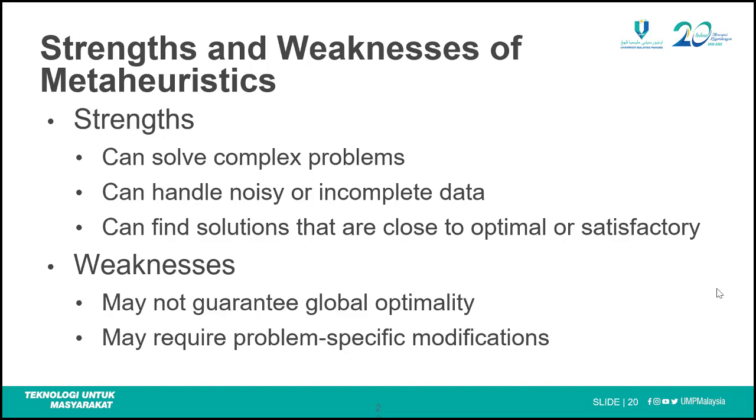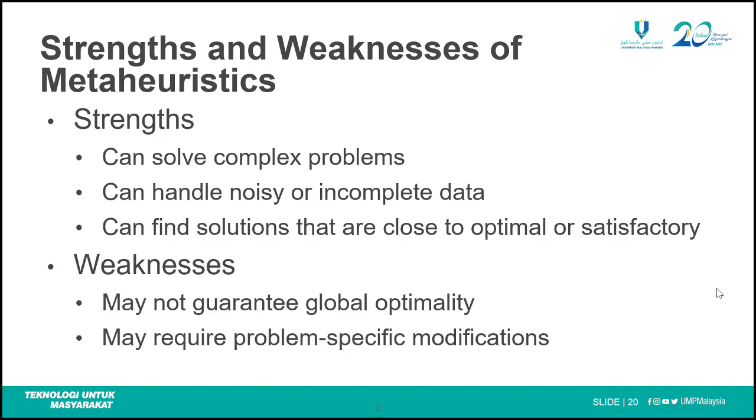In terms of strength, the algorithm can solve complex problems. This is a high-level optimization approach. It also can handle noisy and incomplete data, and it can find solutions that are close to optimal or satisfactory.